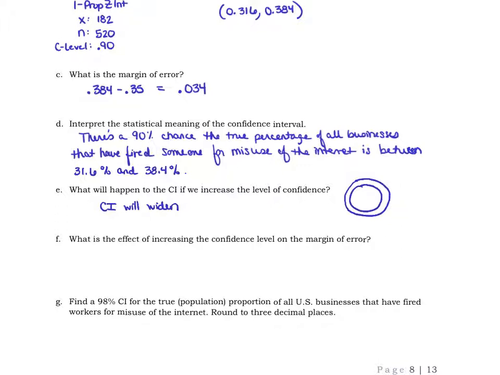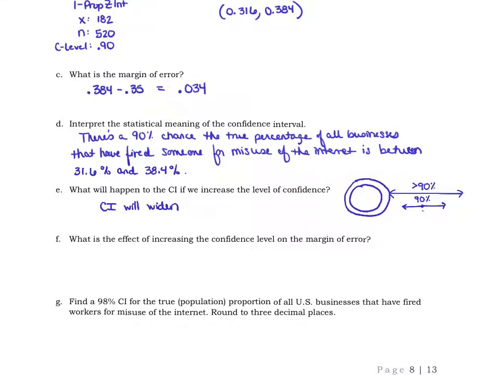Okay, so what does that do to the margin of error? Okay, so remember we had our 35% right here in the middle, and we tacked on this margin of error at our 90%. Okay, if we're going to go 95%, or 99% or whatever, okay, greater than 90%, we need a bigger target.